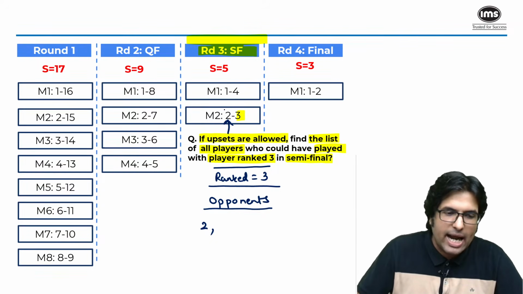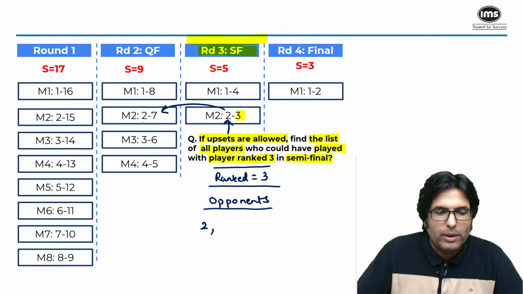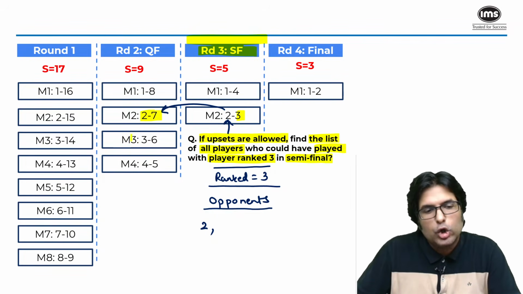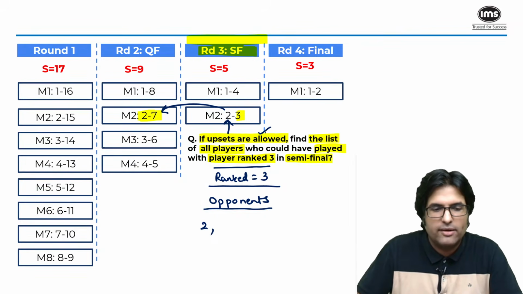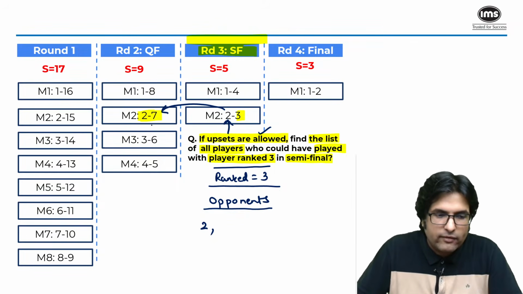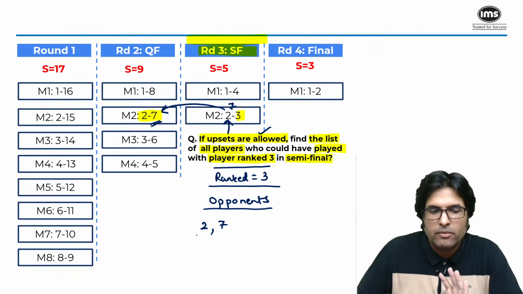But if we backtrack and look at where player rank 2 is coming from, player rank 2 is playing a match with player rank 7 in the previous round. So can I say if 7 beats 2, and upsets are allowed? They have said we don't know whether an upset would happen or not, but they are allowed. So we will have to take this possibility that an upset can happen. If an upset happens, then player rank 7 can also face player rank 3. So can I say the two opponents that we have definitely identified are 2 and 7?